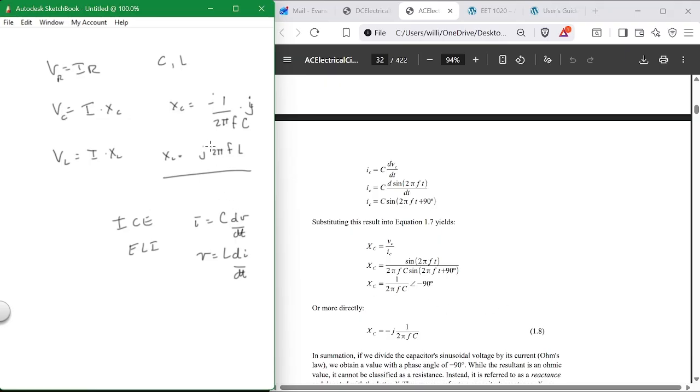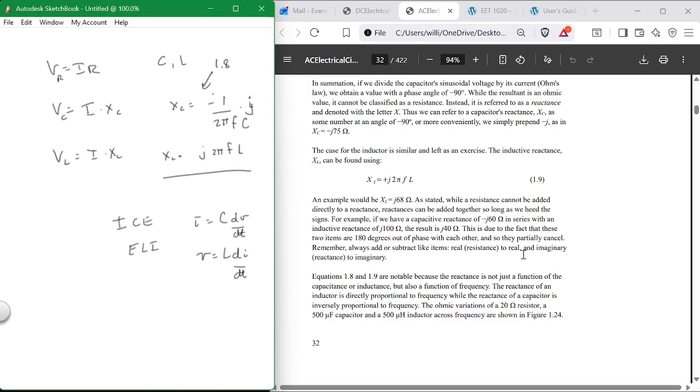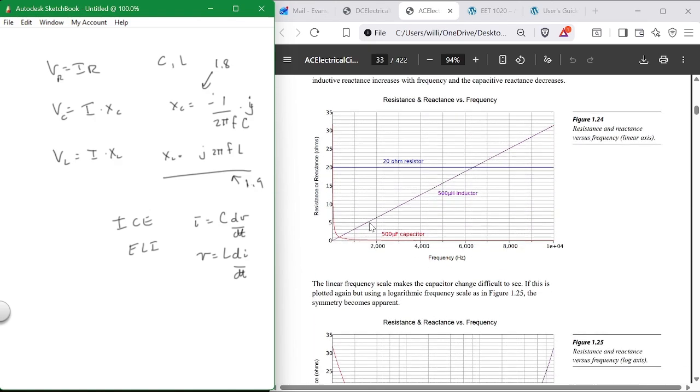But this is the formula that you need to know. It's 1.8. And for an inductor, it is 1.9. There they are. X sub L is a plus J, X sub C is a minus J, and there you have the rest of it. So there's your starting point for that.